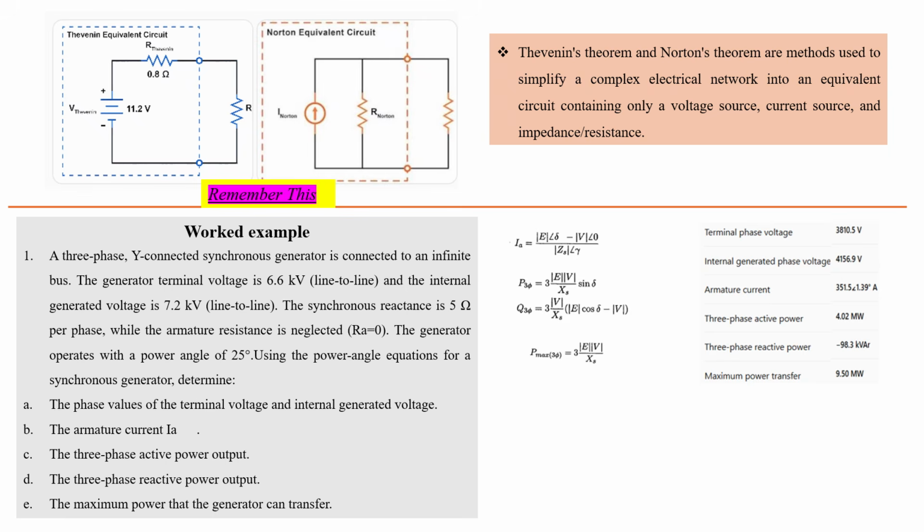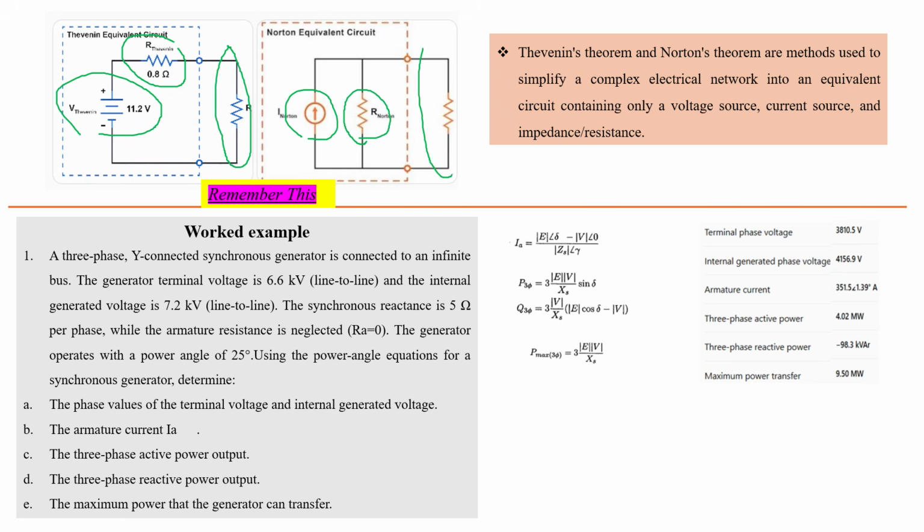If we have a Thevenin circuit, we have an input impedance, we have an input source, and there is a load. We can convert that to a Norton circuit by using a current source in parallel with the Norton resistance, connected to the load.